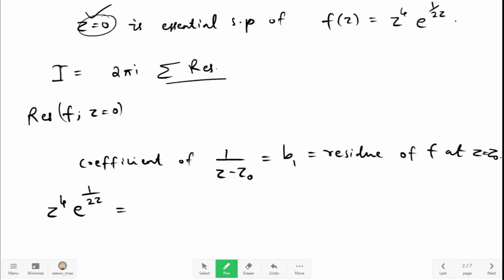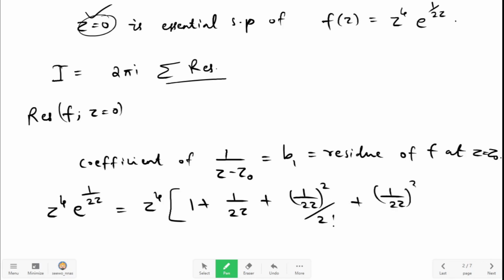This is equal to z raised to 4 times 1 plus 1 by 2z plus 1 by 2z the whole square divided by 2 factorial plus 1 by 2z the whole cube divided by 3 factorial plus 1 by 2z the whole raised to 4 divided by 4 factorial plus 1 by 2z the whole raised to 5 divided by 5 factorial and so on.